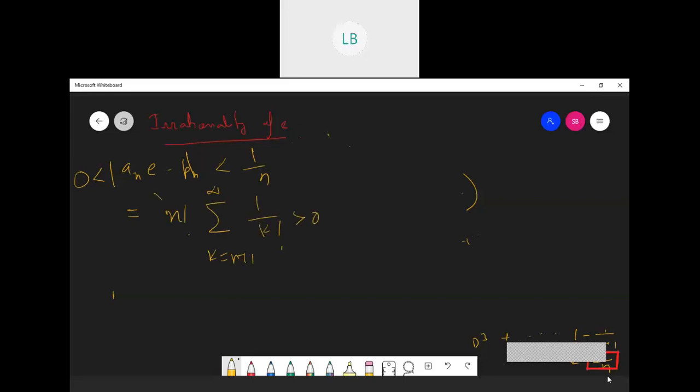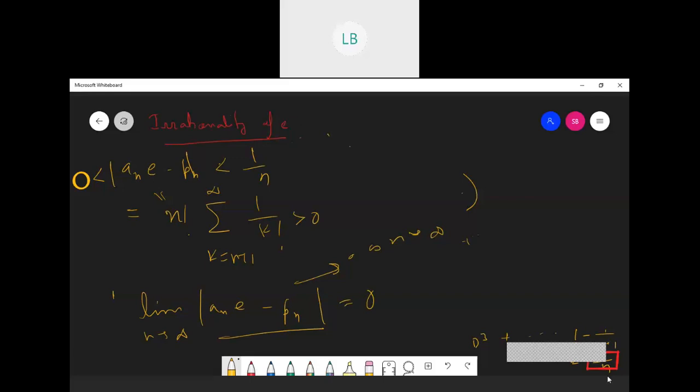So it is never equal to 0, but by the Sandwich theorem we know the limit as n tends to infinity of qn e minus pn is equal to 0. Thus this sequence is going to 0 as n tends to infinity, but none of the terms are actually equal to 0.